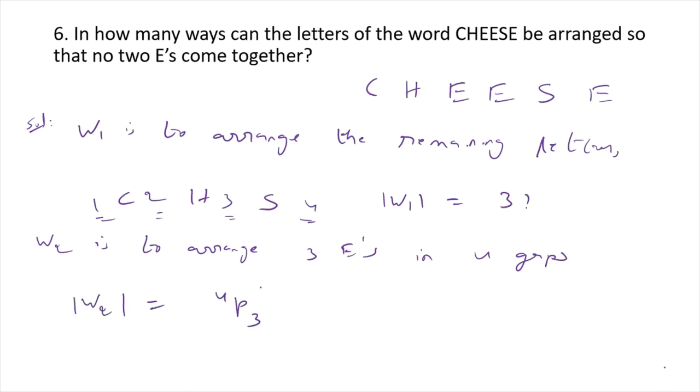But here these 3 e's are identical. Therefore we have to divide it by 3 factorial. So number of ways of completing the task is equal to number of ways of doing W1 times number of ways of doing W2, which is equal to 3 factorial times 4P3 upon 3 factorial.